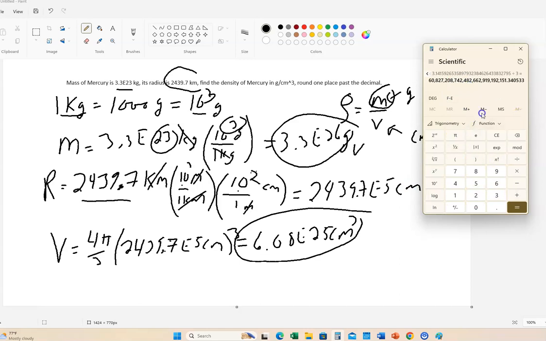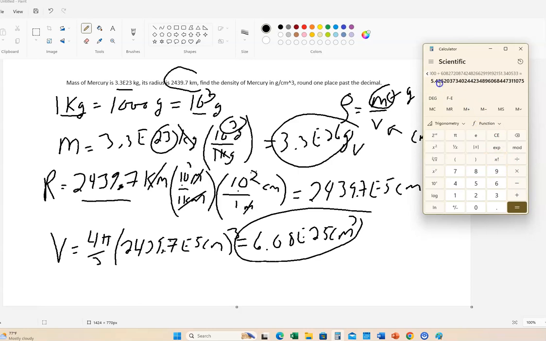With this calculator, you've got to store that number. So I'm going to put that in storage just to make sure. It's 3.3 times 10 to the 26th, divided by what I just put in storage, memory recall, however your calculator remembers that. All right, so there it is.